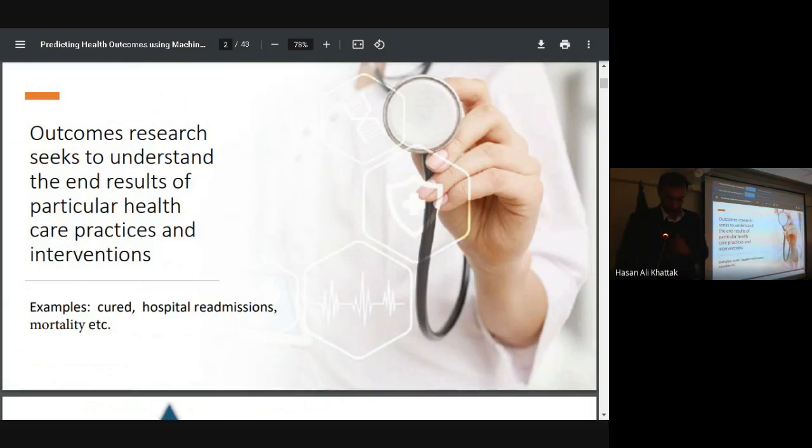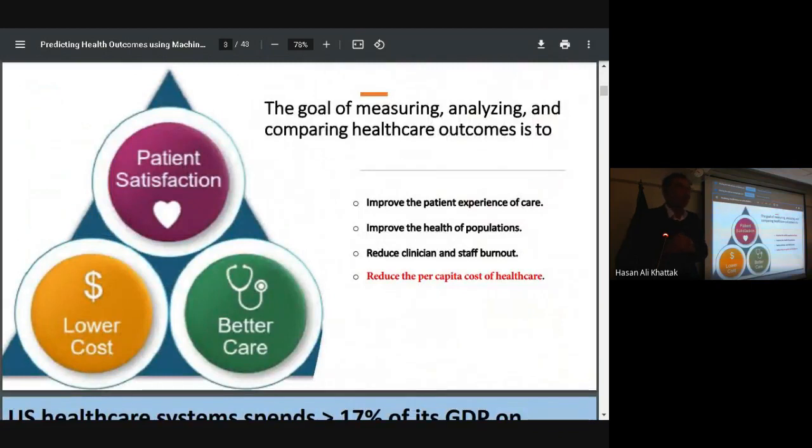Now, what is the goal? What is the purpose behind this outcome research? The goal of measuring, analyzing, and comparing these healthcare outcomes is to achieve, number one, patient satisfaction, meaning how we can improve the patient experience of care.